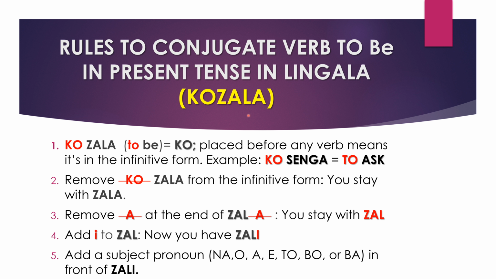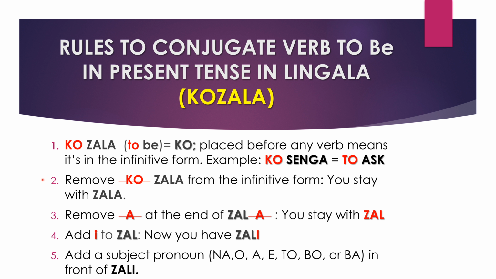The rules are: first, kozala, which is to be, as I said, in English, ko placed before any verb means it's in the infinitive form. Example, kosenga. Kosenga means to ask.